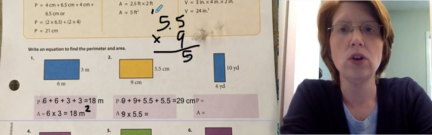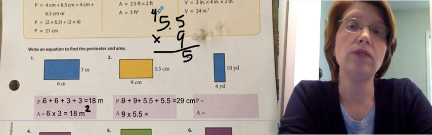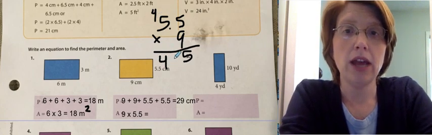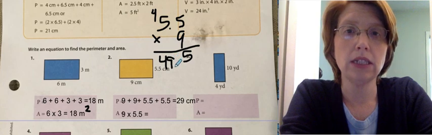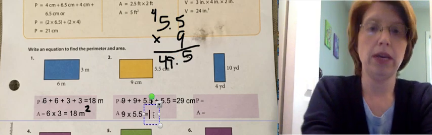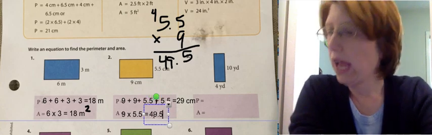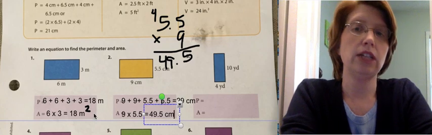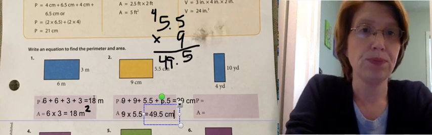Carry my 4. 9 times 5 is 45, plus another 4 is 49. And I would have one decimal point. So that would mean that my answer down here would be 49 and 5/10 centimeters. And then you would not forget your little squared symbol there.